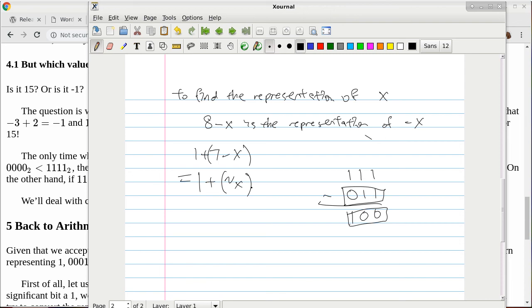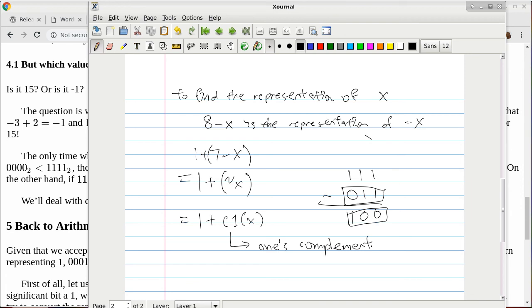It's bitwise not. But this also has a different name, a longer name. It's called 1's complement. So this whole thing is basically 1 plus, I call it C1 of x, and I'll explain what is C1. This is called 1's complement. Okay.